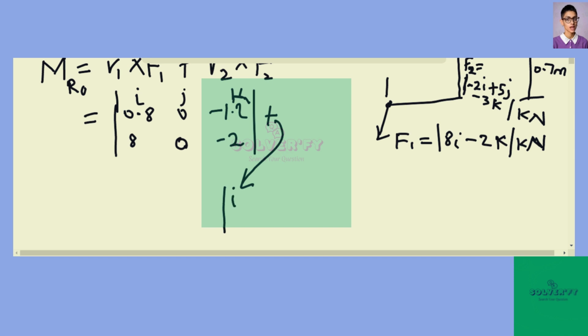i, j, k, so that of course the position is 0, 0.5, minus 0.5 for arrow 2.